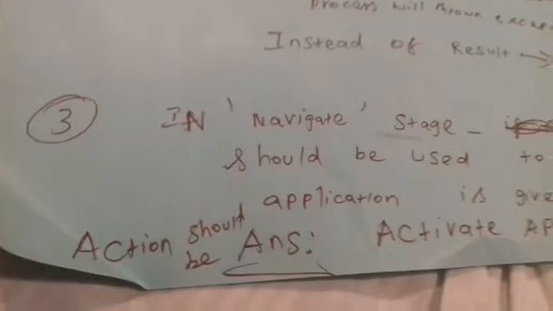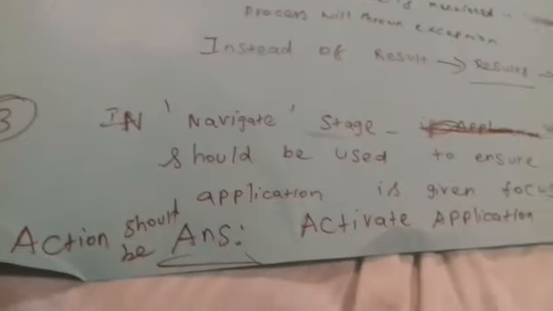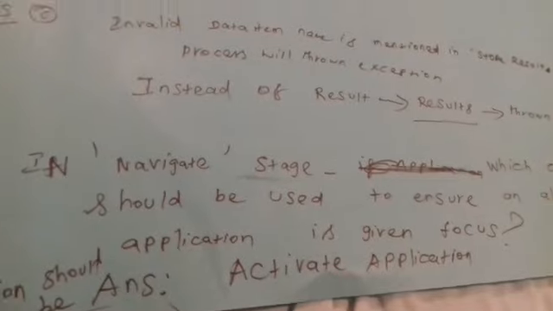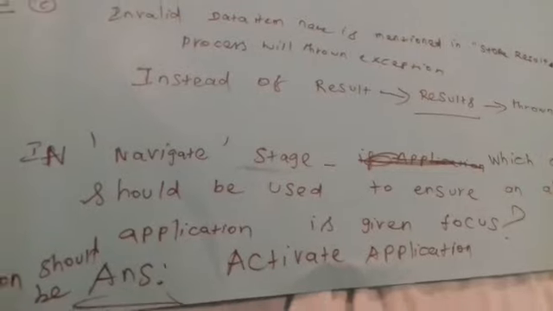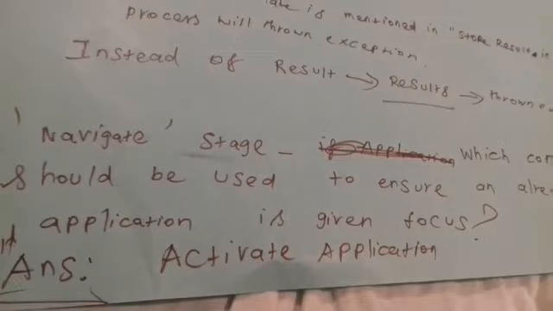Today, I have one more thing to discuss with you. Usually in the navigate stage, which configuration, meaning action item, should be used to ensure an already running application is given focus?